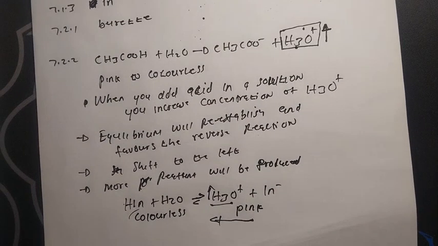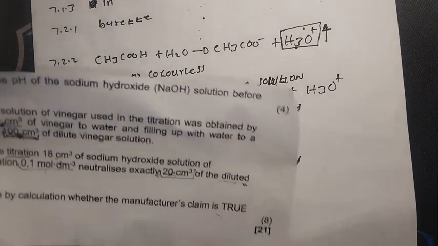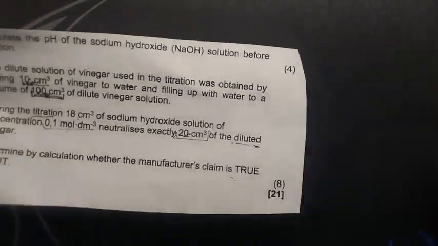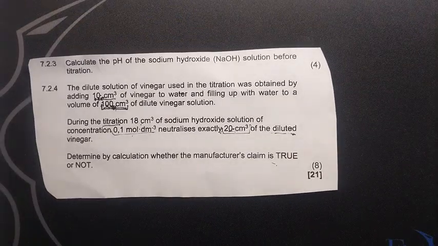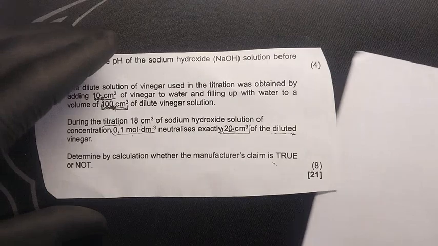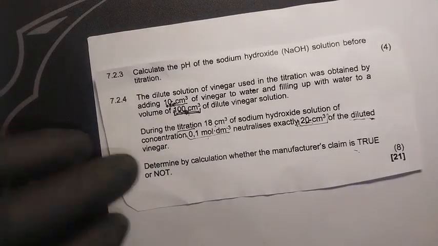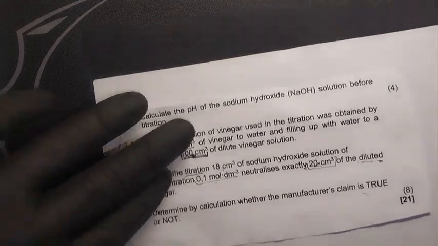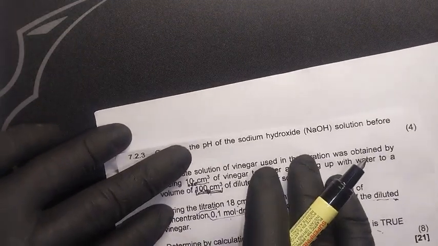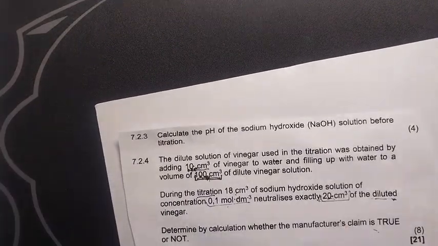Okay, so now the next question, it was based on this paper over here. They said 7.2.3. Take the paper. They said calculate the pH of sodium hydroxide solution before the titration. Remember, they gave us the concentration.